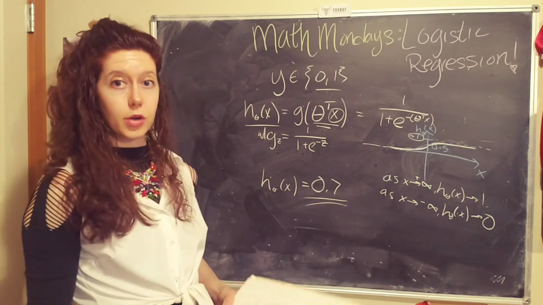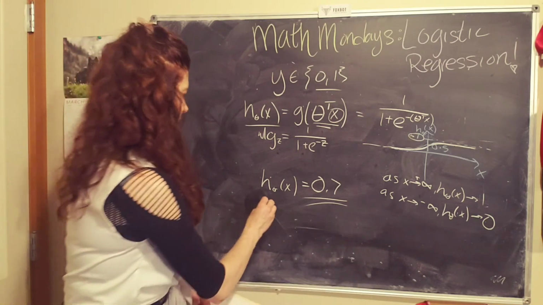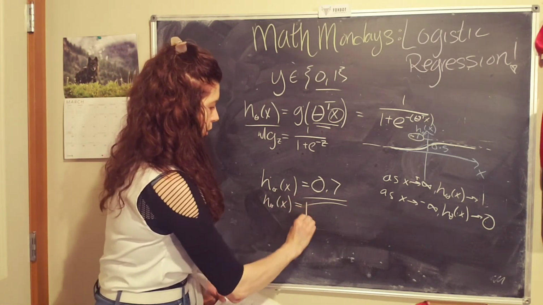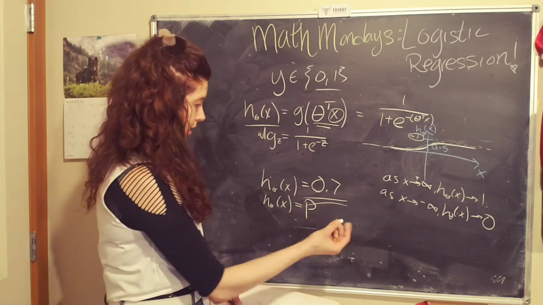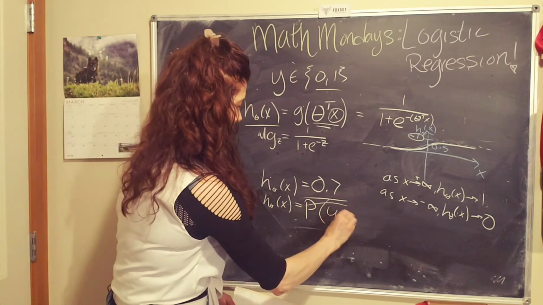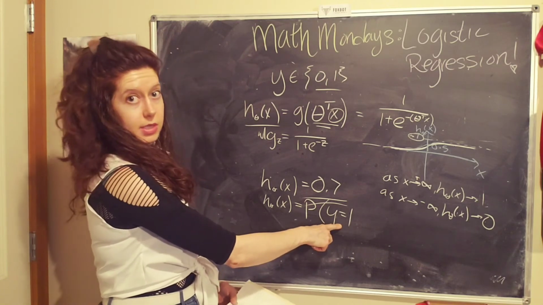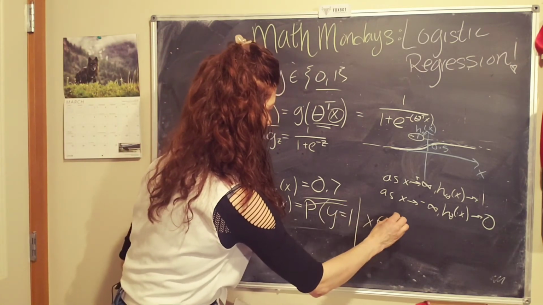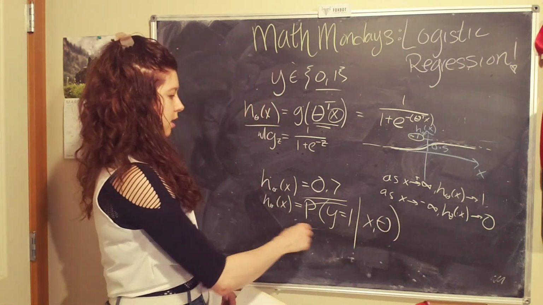So another way to look at this is that h, our hypothesis function, is a probability, where P stands for probability, and one of the possibilities is that y equals 1 for a given x and parameterized by theta.